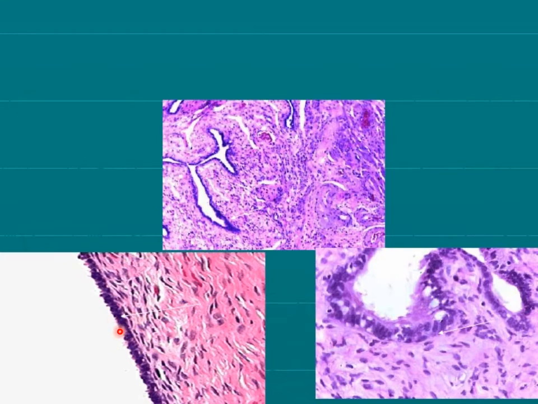So ciliated cuboidal epithelium, and these epithelial cells show a single lining, and you can see there is no invasion in it. So it is a benign tumor. Similarly here, a cyst lined by a single lining of serous epithelium. Again here, this is the stroma and a single lining of the serous epithelium.